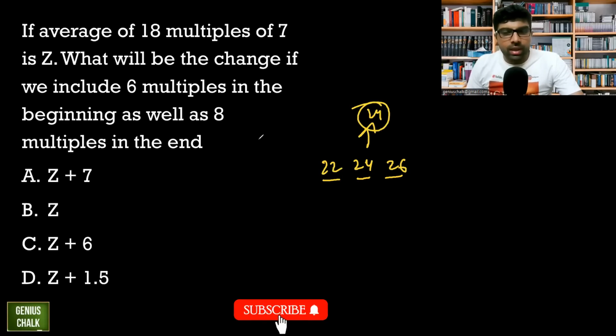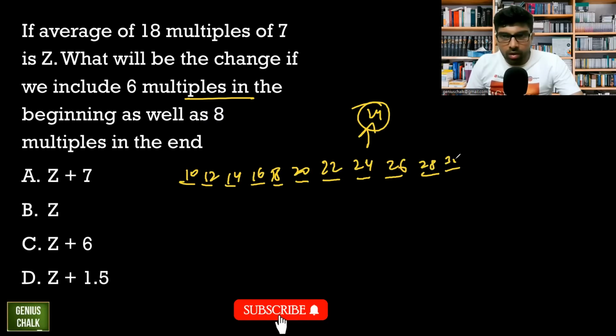Okay, focus. Now, if we include 6 multiples, so 1, 2, 3, 4, 5, 6. So this will be 20, then 18, 16, 14, 12, and 10. 6 multiples in the beginning, 8 multiples in the end. This is just for understanding. In exam, there is no need to solve like this.